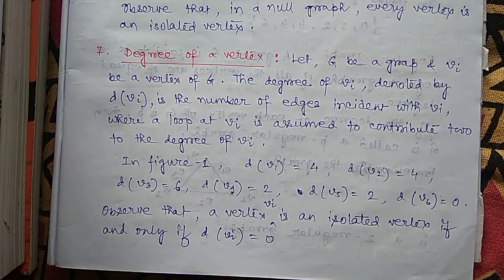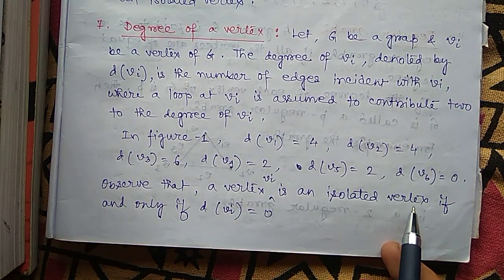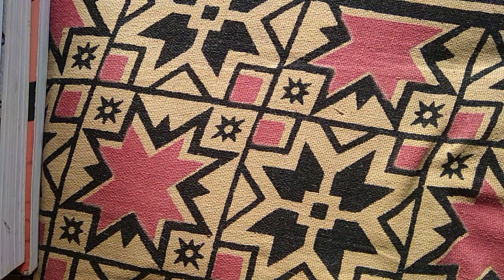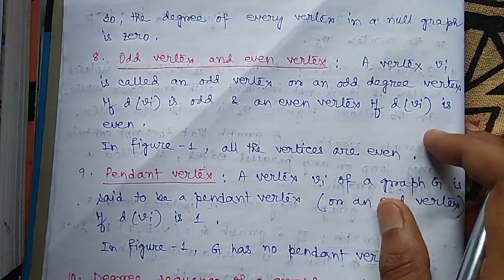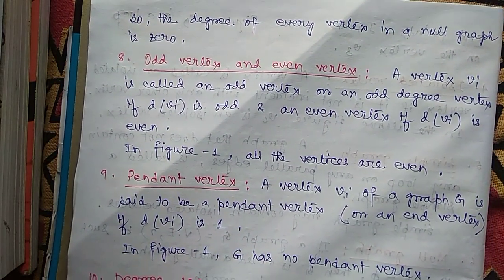Observe that a vertex vi is an isolated vertex if and only if d of vi is equal to 0. So the degree of every vertex in a null graph is 0.